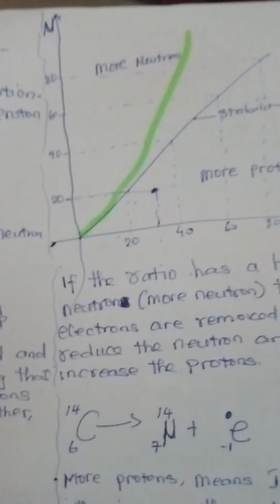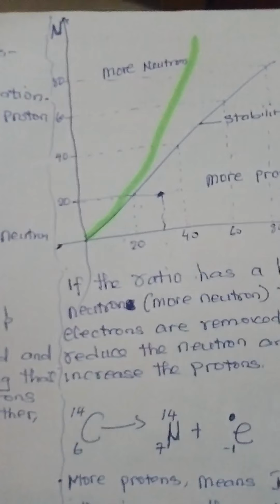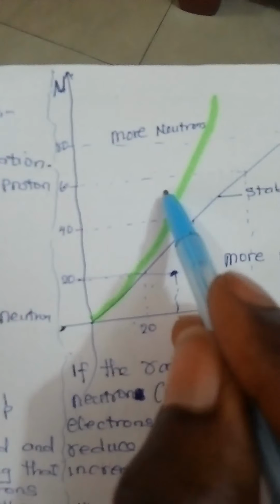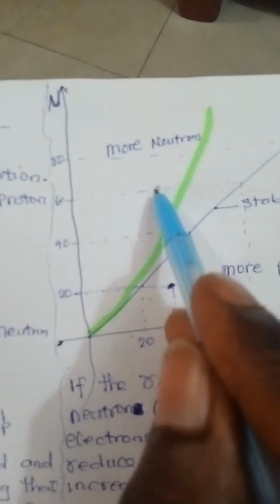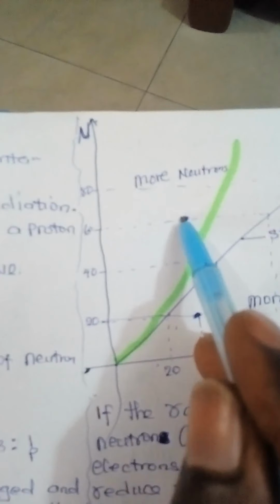Now if I pick a value from here, let's say here, and this line is actually 60 number of neutrons, then take it down to around here. That will be around 25.